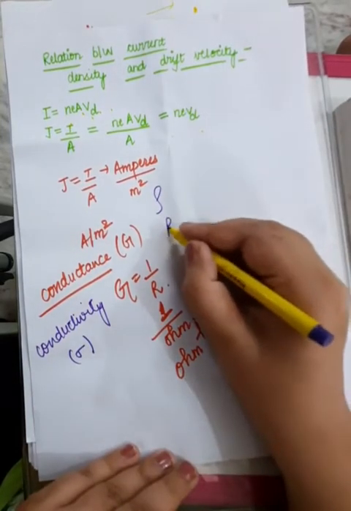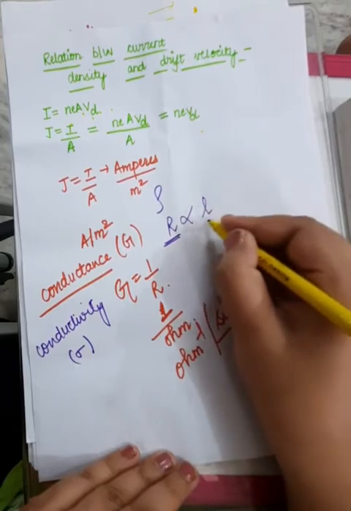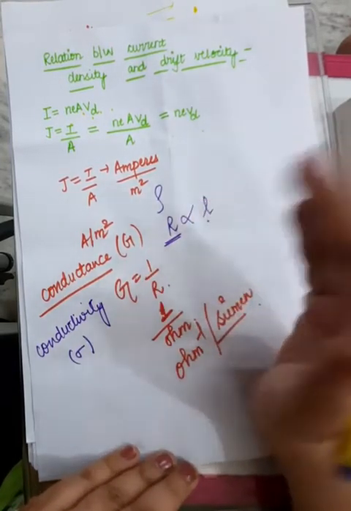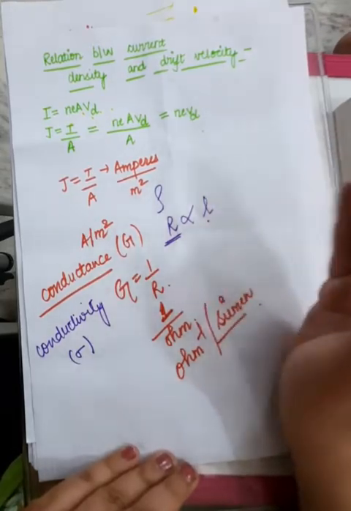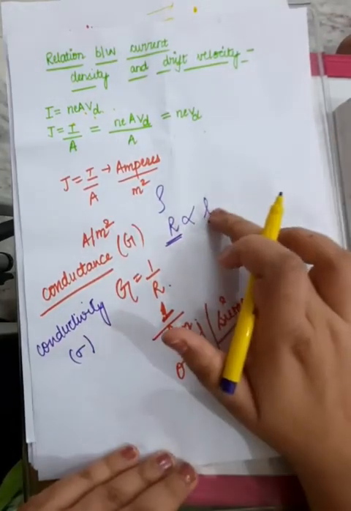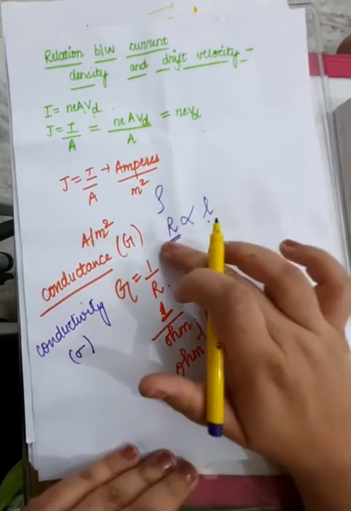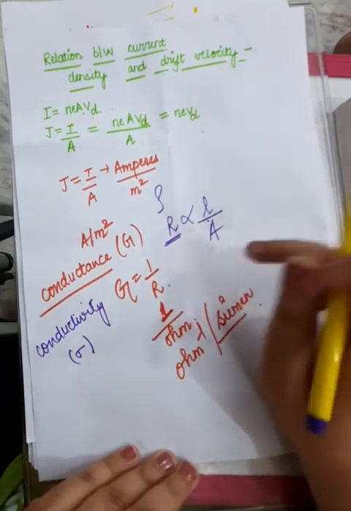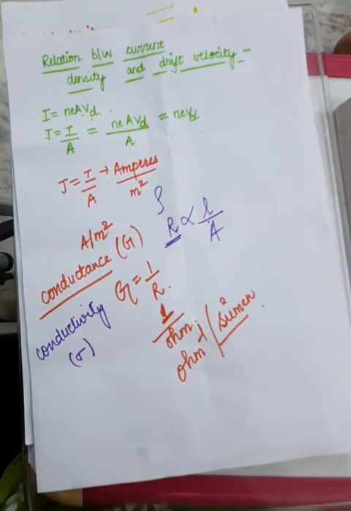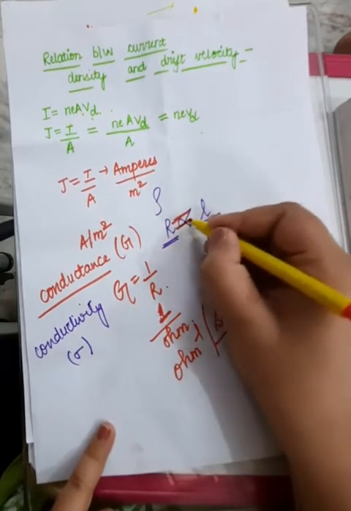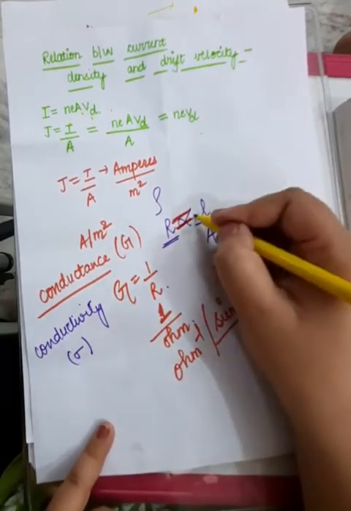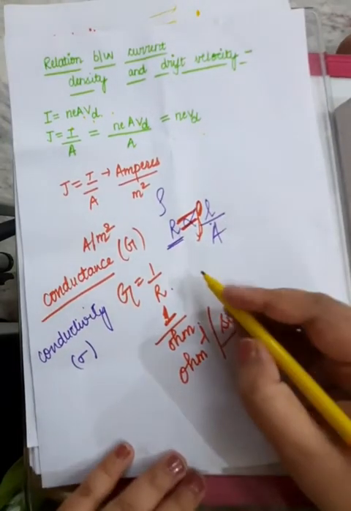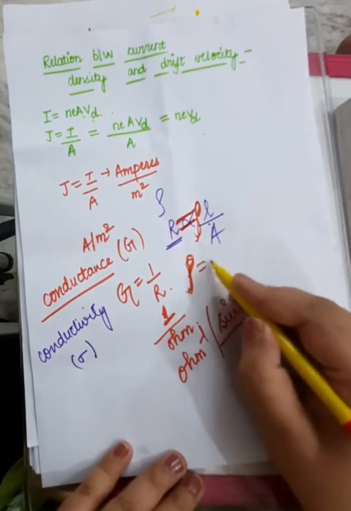I told you that resistance is directly proportional to the length of the conductor: the more the length of the conductor, the more hindrance the charge carriers will face to flow through it, so the more will be the resistance. So resistance is directly proportional to the length of the conductor and inversely proportional to the area of the conductor. And when you replace this sign of proportionality with equality, there will be a constant, and that constant was equal to rho, if you remember it.